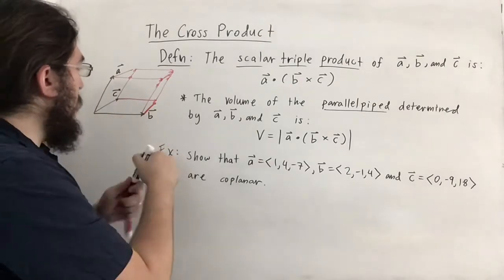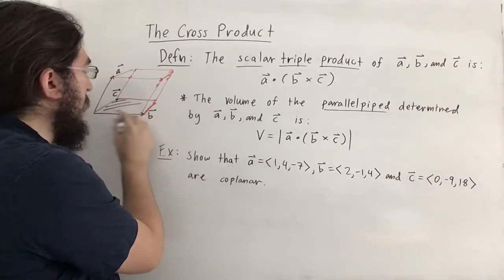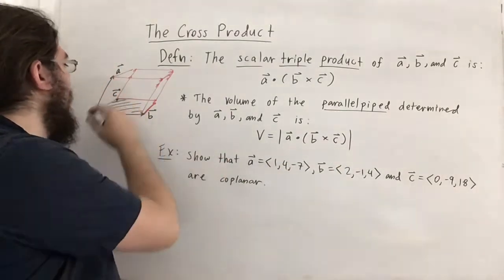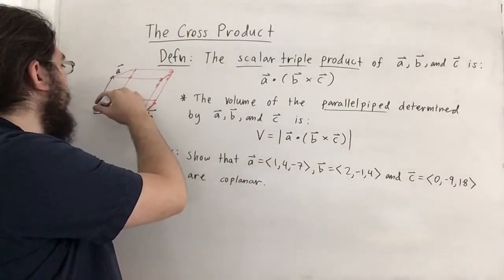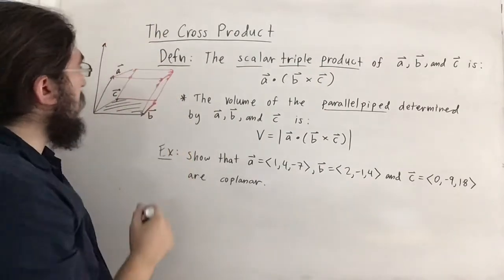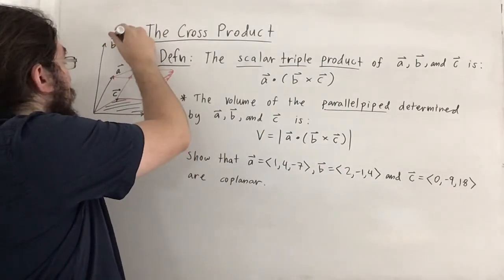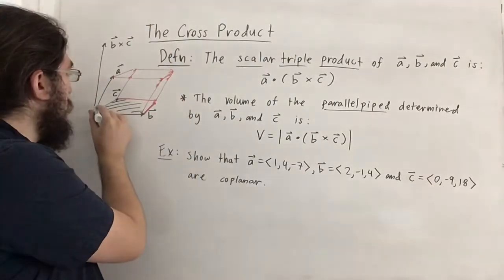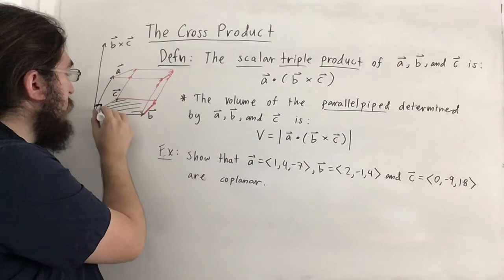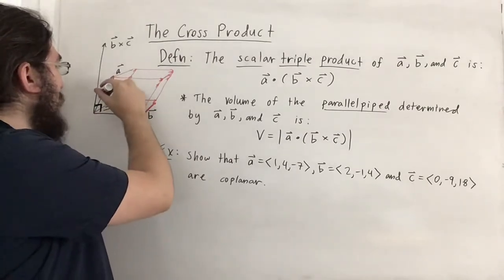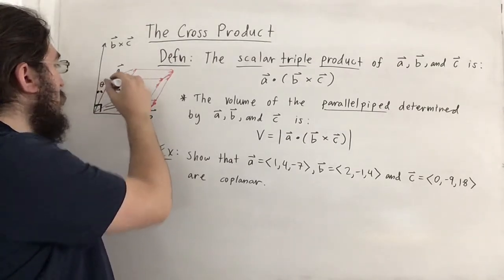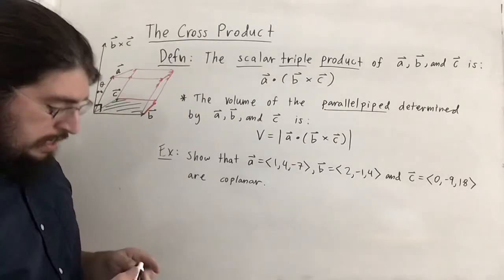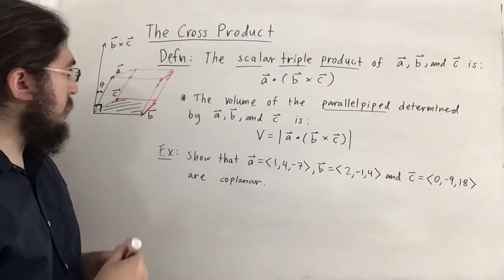Basically, the area of this floor parallelogram is the magnitude of the cross product of B and C. So that part isn't too hard to verify. At the same time, the cross product of B and C is a vector that is perpendicular to both the vectors B and C. And then this angle in between these two, let's call it theta, between the vectors A and B cross C, we can use to find the height of this parallelepiped.